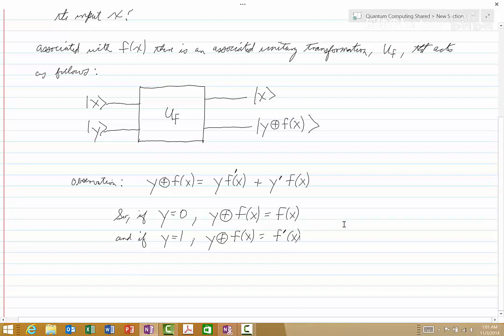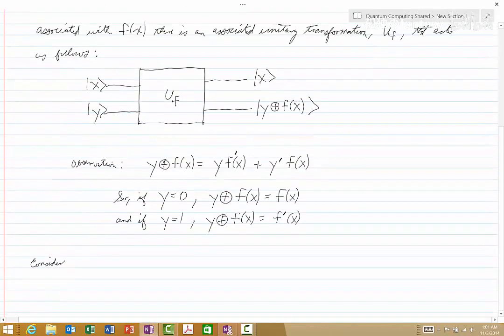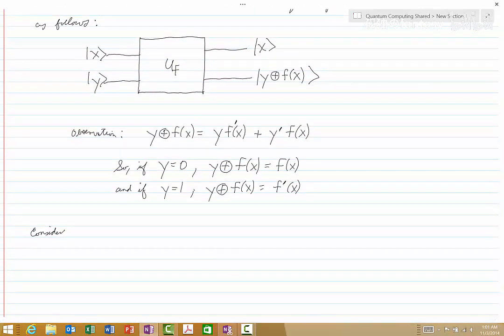So now that we've made these two observations, let's consider the following. Let's think about this unitary transformation acting on the state plus minus.